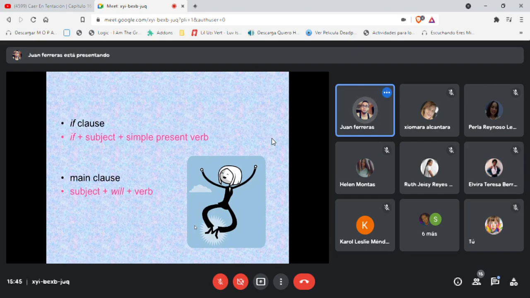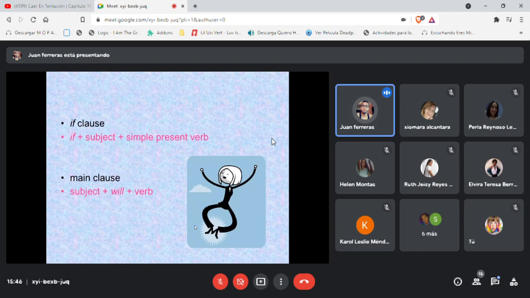To create the first conditional sentences, guys, we need to remember this structure. For the if clause, we use if at the beginning, of course, right? The subject is always mandatory. It's a must, okay? Then the simple present of the verb.